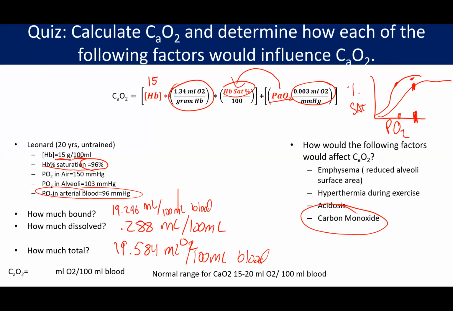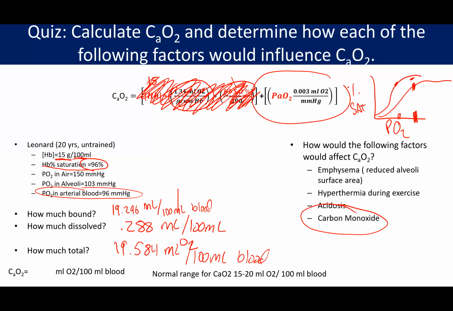And so if you get all of your hemoglobin bound with carbon monoxide, that essentially takes out this whole part of the equation. Now you have no oxygen bound, and you're forced to try and transport all of your oxygen in the dissolved form. And as you can see, at dissolved form, at normal pressures, we're only getting 0.288 milliliters per 100 mils. That's not a lot of oxygen.